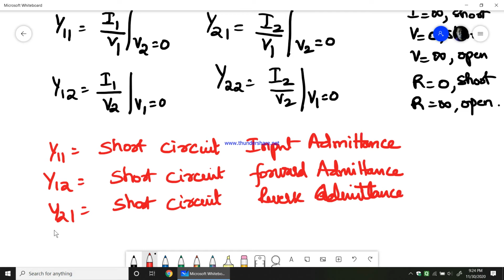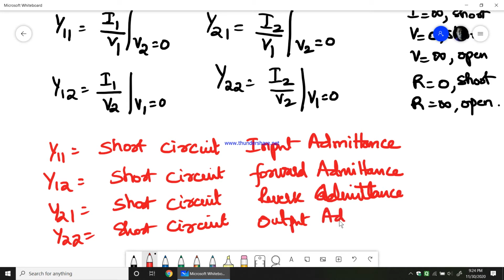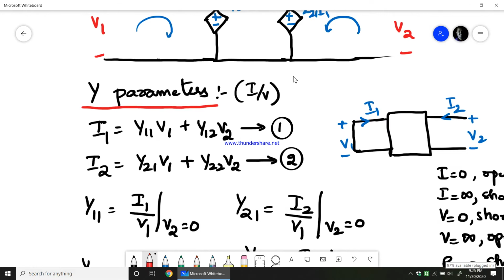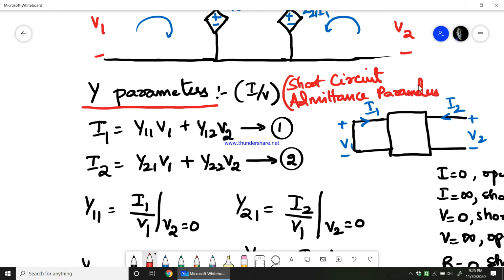And finally, Y22 equals short circuit output admittance, because you have both current and voltage at the output port, and both current and voltage at the input port, which is why they are called output and input respectively. Therefore the Y parameters are also called short circuit admittance parameters.